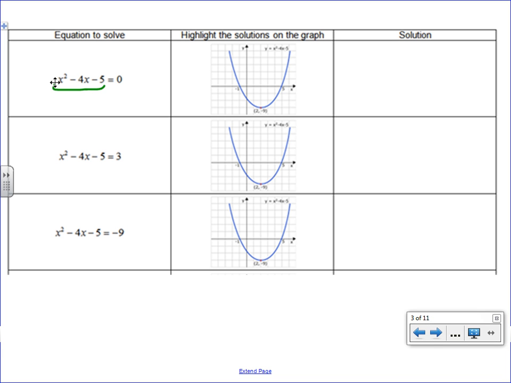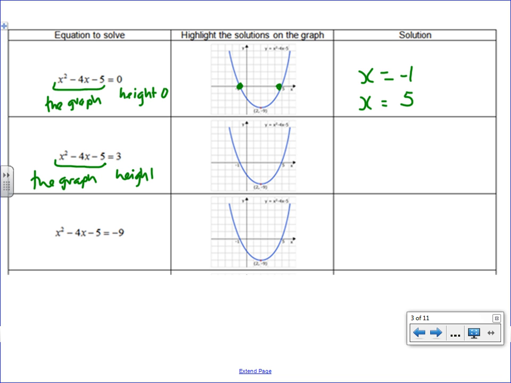Where is the graph equal to 0? Have a height of 0. This says the graph, and then this says height 0. So that's there and there. The solutions would be x is -1, x is 5. Okay?